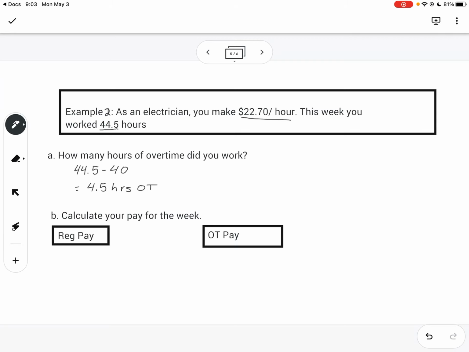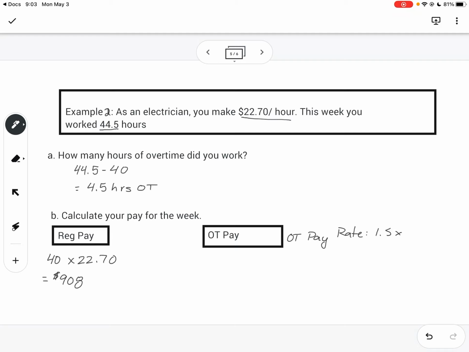The next thing that I'm going to do is calculate my regular pay. So 40 hours times $22.70, which gives me $908 for my regular pay. Next thing that I need is my overtime pay rate.